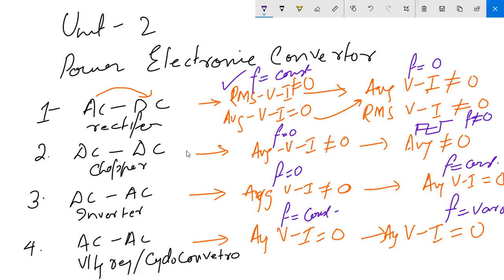Talking about the waveform, let us show you some waveforms. This is waveform number 1 for your assignment.